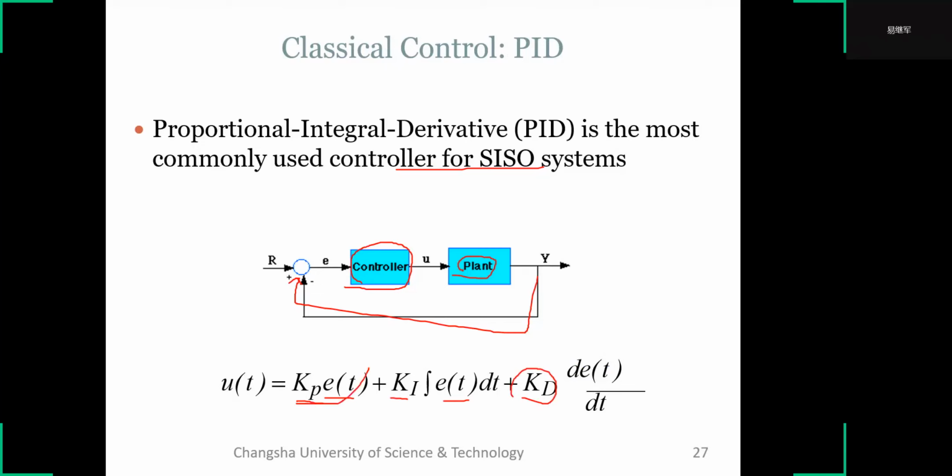Here, this part is the proportional part. This part is the integral part. This part is the derivative part. So there are three parts. Add together, we get the output. This is the output.